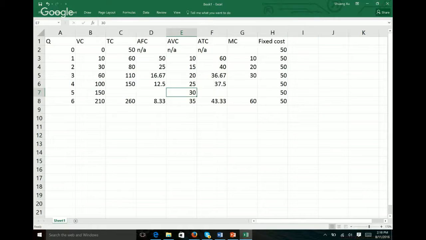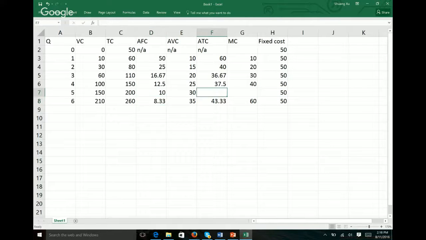And then the marginal cost, again, this is the difference between each unit. So it's 150 minus 110. On the last level, your total cost equals your variable cost plus your fixed cost. Your average fixed cost is your fixed cost divided by quantity.